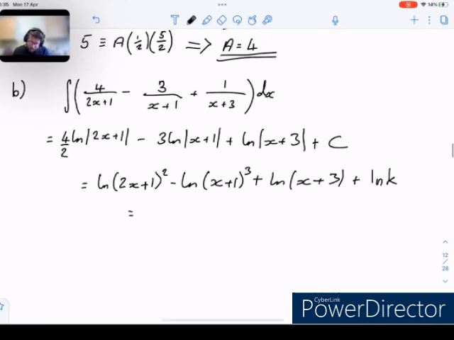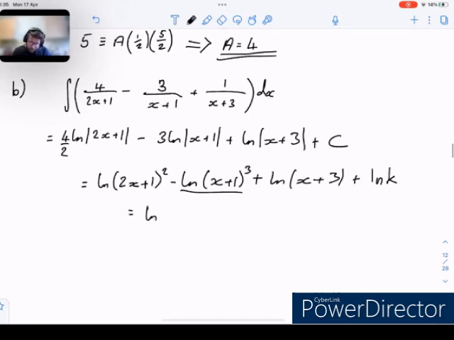And then we just add these together. So that will be on the bottom of the denominator because it's a minus. Everything else will be on the top. So we'll just get log of (2x plus 1) squared times (x plus 3) times k, all over (x plus 1) cubed.